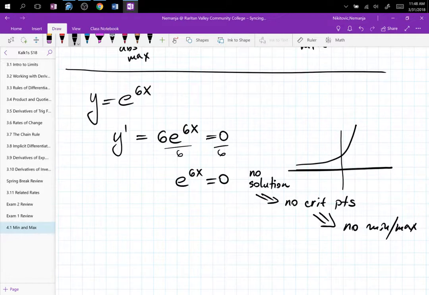And once you draw the original function e to the 6x, you know that it doesn't have a min or a max because it asymptotically, to the left and to the right, goes up to infinity. It doesn't create any of those bumps to have a min or a max. Now, can I have min and max on it? Sure, just cut it on an interval, right?